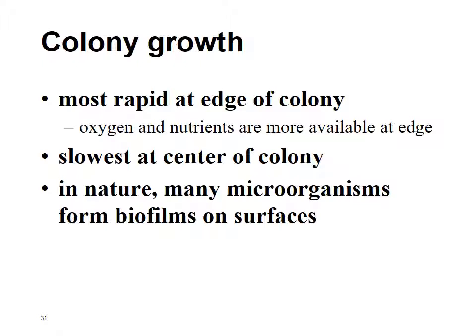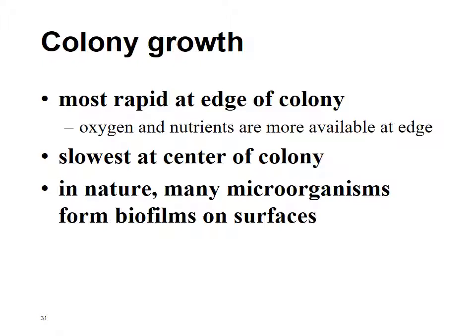These differences in growth are due to gradients of oxygen, nutrients, and toxic waste products within the actual colony. The colony centre is much thicker than the edge, so oxygen and nutrients don't readily diffuse into the centre. Toxic metabolic waste products cannot be quickly eliminated, and therefore growth in the centre of the colony is slowed down or stopped altogether.